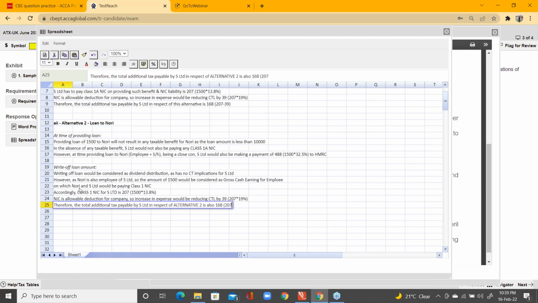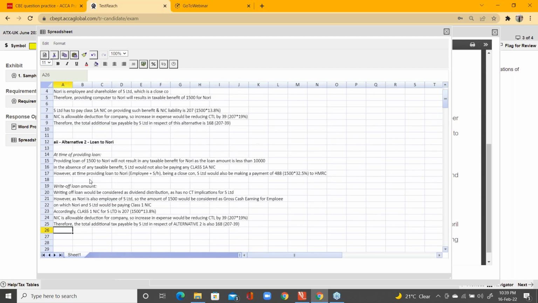How? If 207 is deducted from the company's profit, and due to this deduction 39 corporation tax liability is saved, resultingly the overall additional tax in respect of this alternative 2 is also calculated as 168.